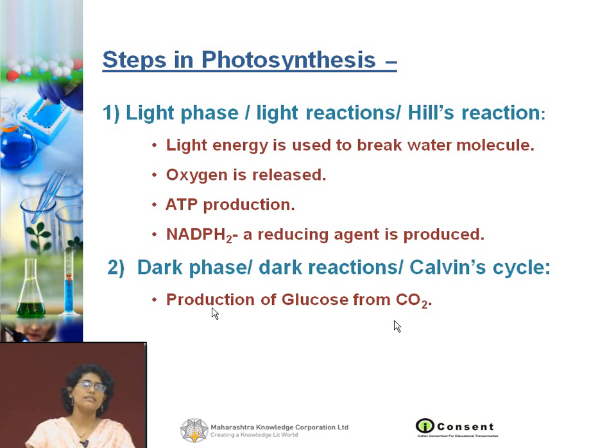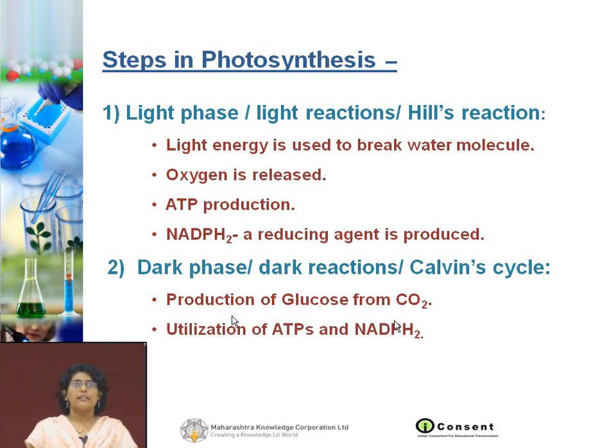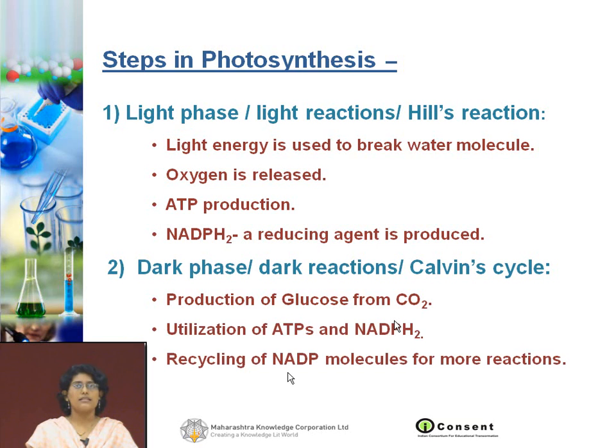What happens during this? During this process, glucose is produced from carbon dioxide. This process also utilizes ATP molecules and NADPH2 molecules. These ATP and NADPH2 molecules are produced during light reaction. They are utilized in dark reactions, and by utilization of NADPH2, NADP molecules are again produced. NADPH2 is a reducing agent.